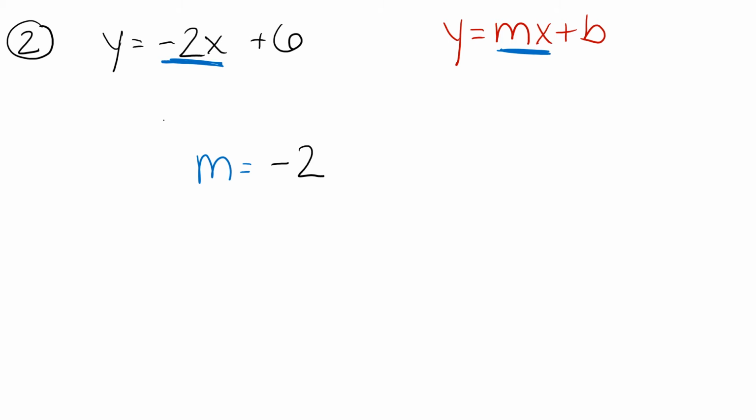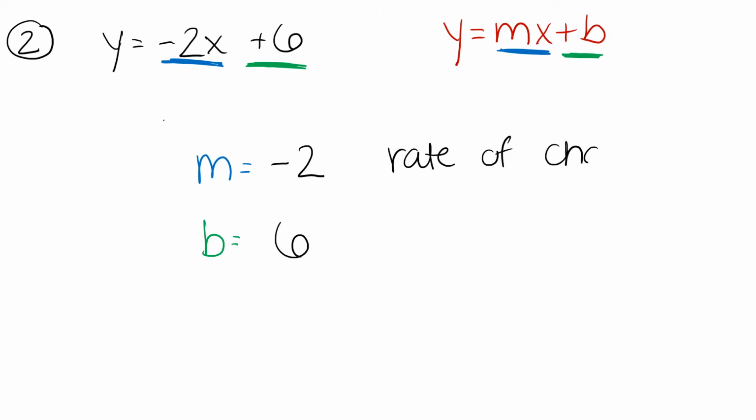The rate of change is only negative 2. The b value is the number that's off by itself, the plus b. In this case, we have a plus 6. So our b value is going to be 6. M is our rate of change. 6 is our initial value.